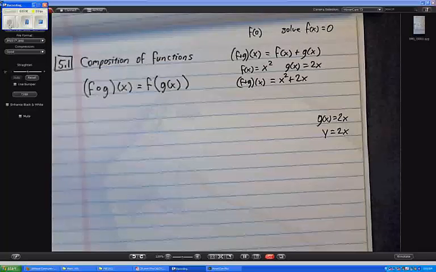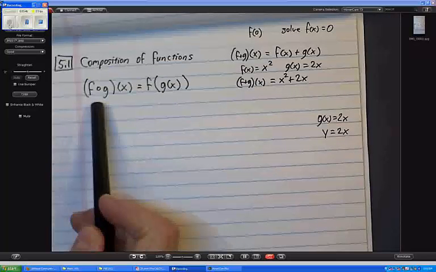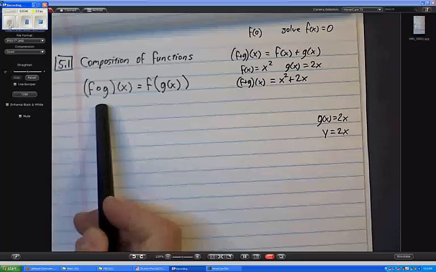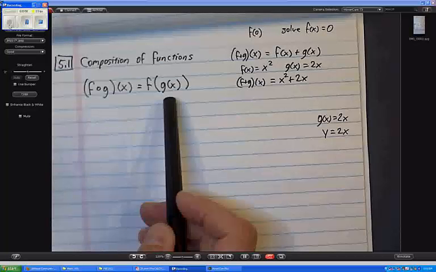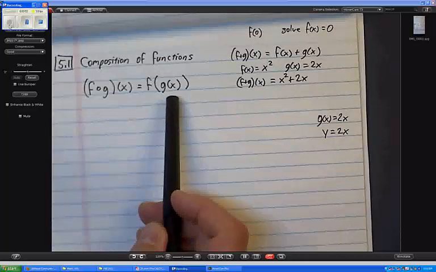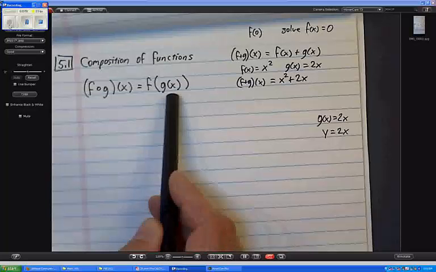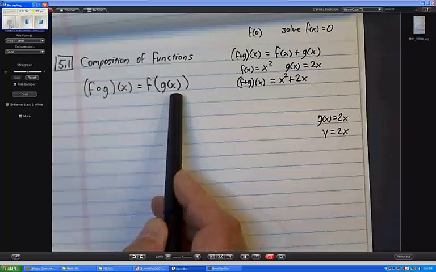Okay? So, in other words, when I write f circle g, f composed with g, which function am I going to do first? Well, I guess g of x, because that's inside the parentheses. And then I'll take f of that. It's a way of putting two functions together.